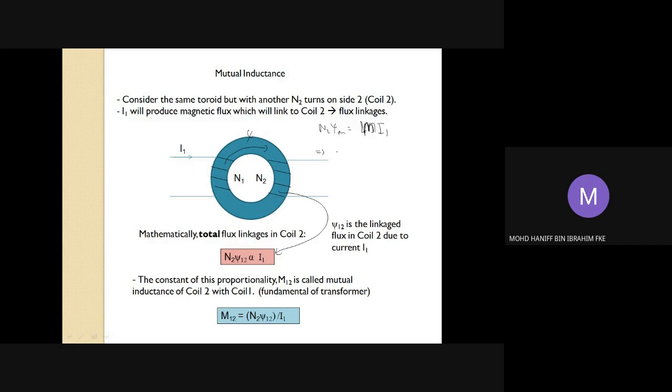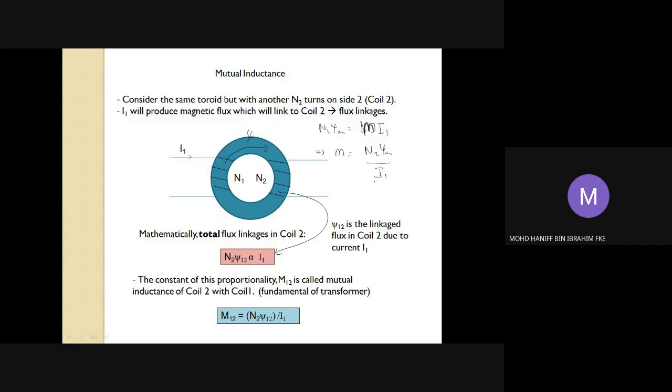So the mutual inductance M will simply be N2 psi M divided by I1. The same equation, the flux amount divided by I1. The difference is that N2 psi M is the flux linkage, which is the amount of flux produced on the other side by the I1 current, or the primary current.